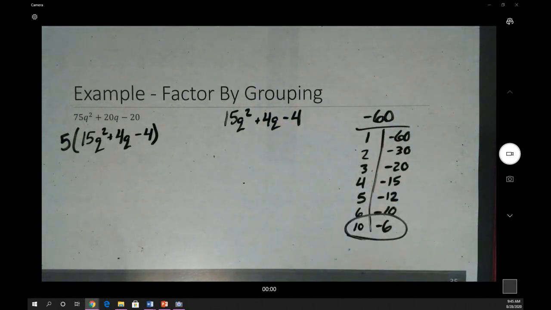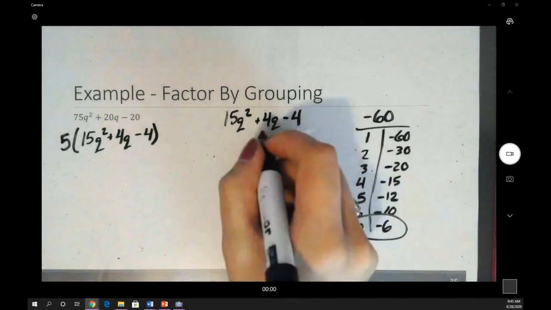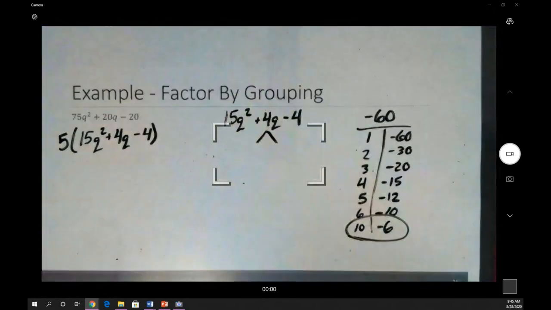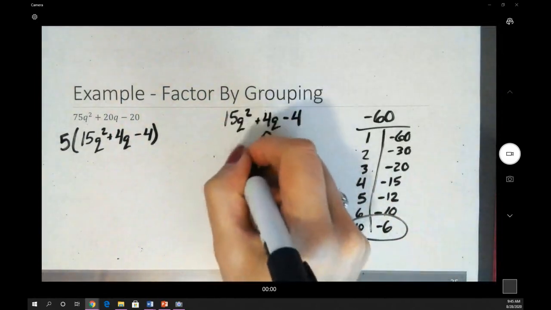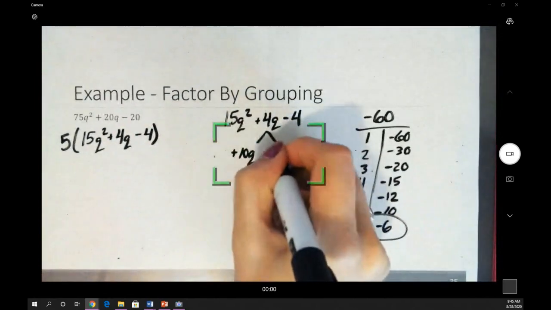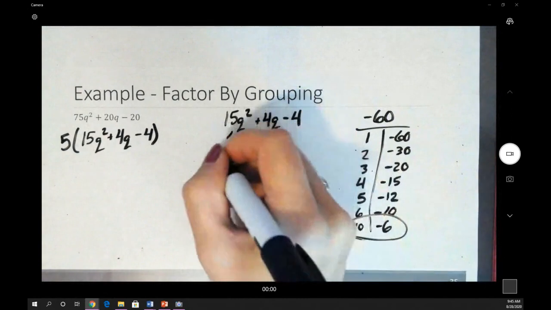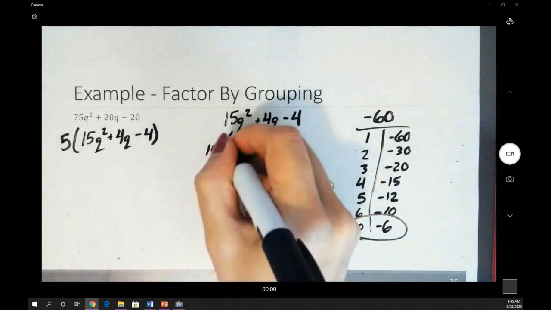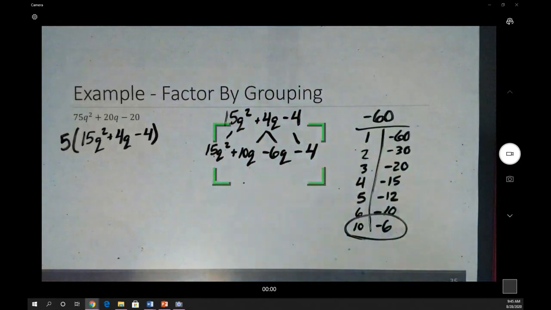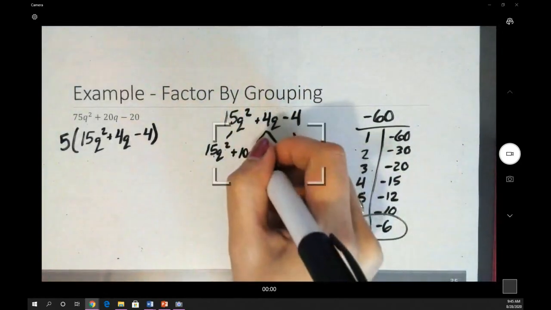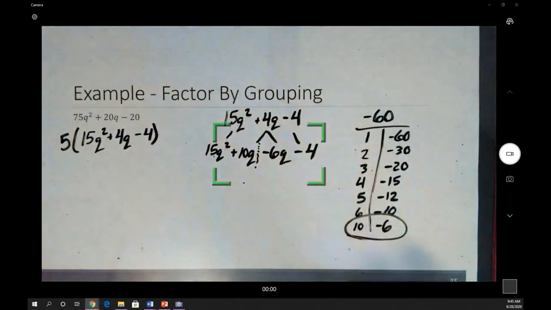10 times negative 6. So I'm going to take my 4q and break it into a positive 10q and a negative 6q. I can bring down my 15q squared and my negative 4. Now that I have 4 terms, I break them into 2 groups of 2.